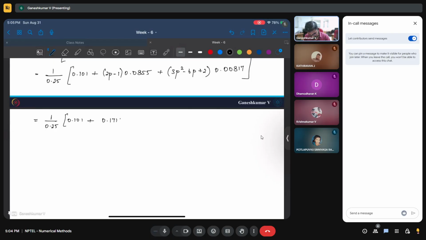0.171p minus 0.0855 plus 0.00817 into 3, 0.0245 p square minus 6 into 0.00817.